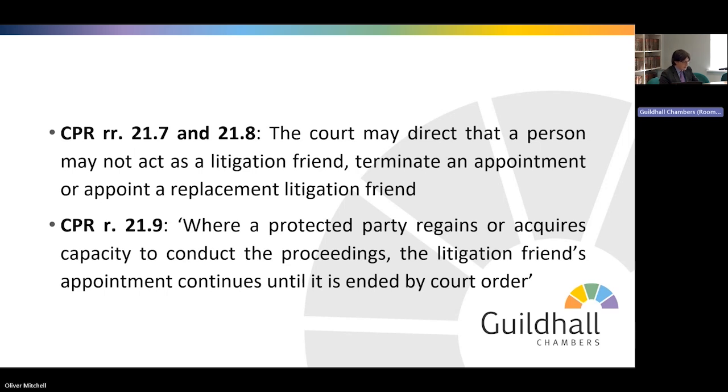Rule 21.9: where a protected party regains or acquires capacity to conduct proceedings, the litigation friend's appointment will continue until it is ended by court order. And again, that rule provides further provision as to making an application for such an order and for giving notice of relevant matters to other persons. And again, that rule applies however a litigation friend has been appointed, with or without a court order.